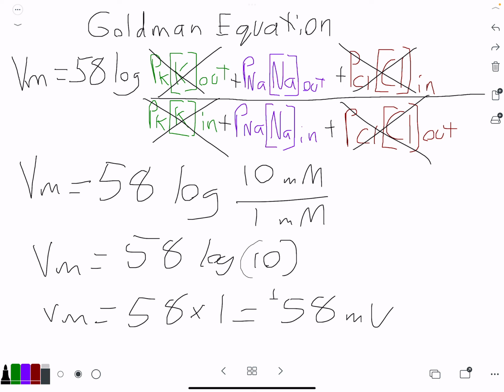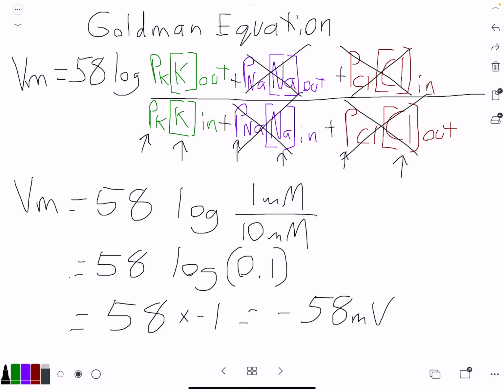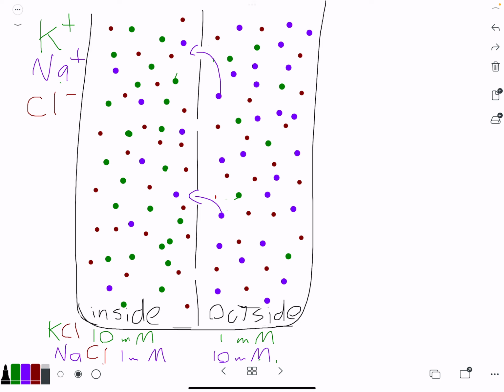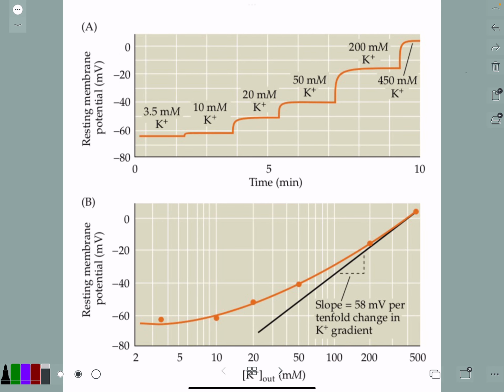Now, knowing this, when Hodgkin and Katz started their experiments, they noticed that, interestingly, when looking at the potassium equation, the equilibrium potential of potassium was really close to the actual measured membrane potential of the neuron, the resting membrane potential.